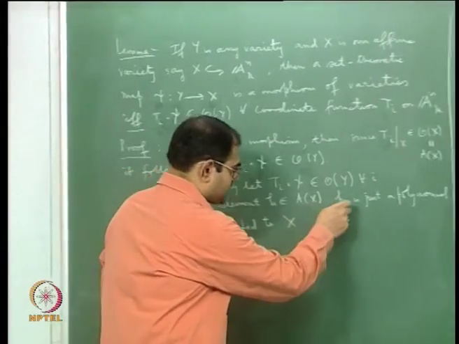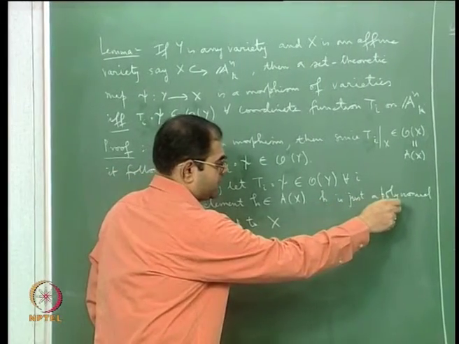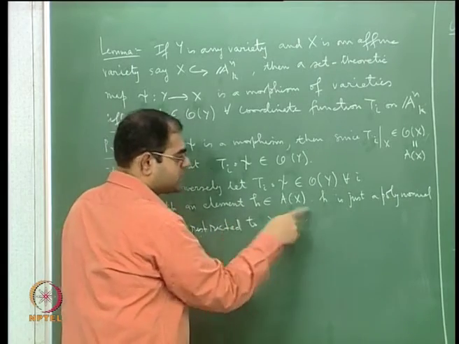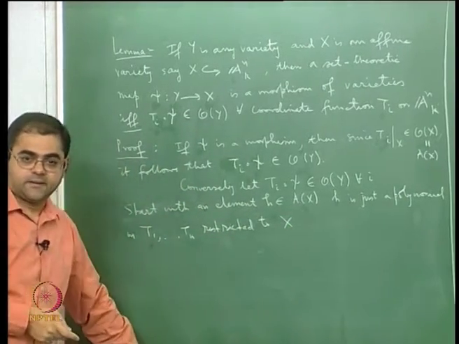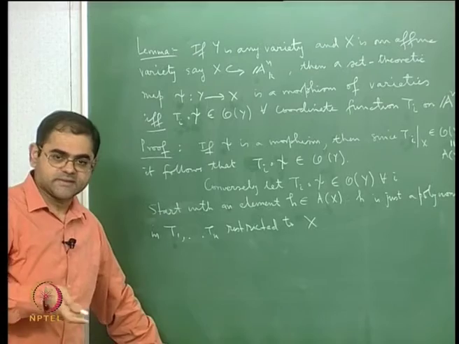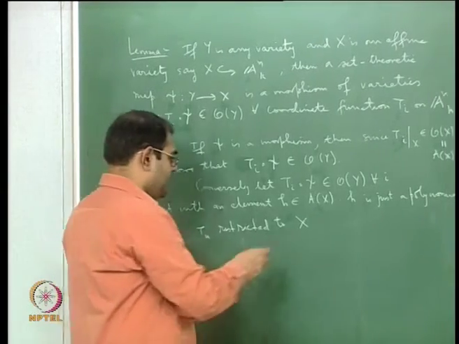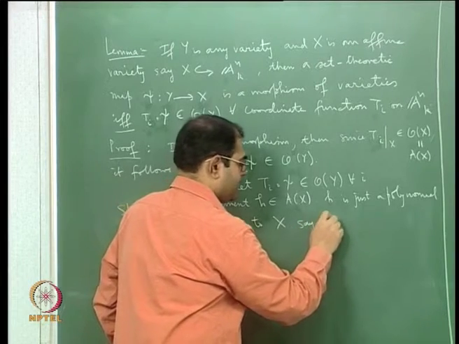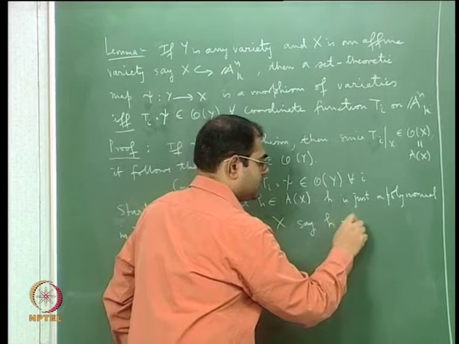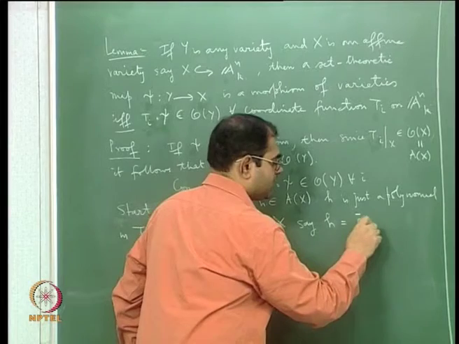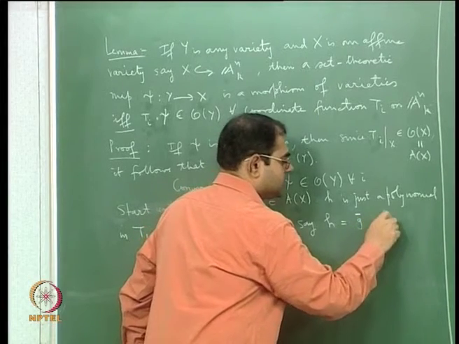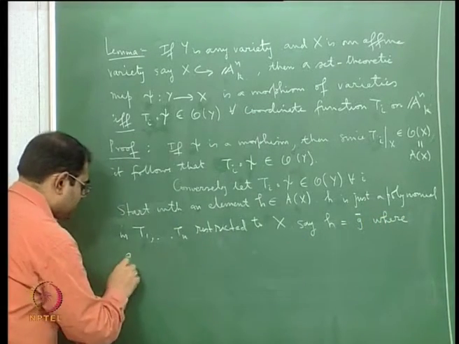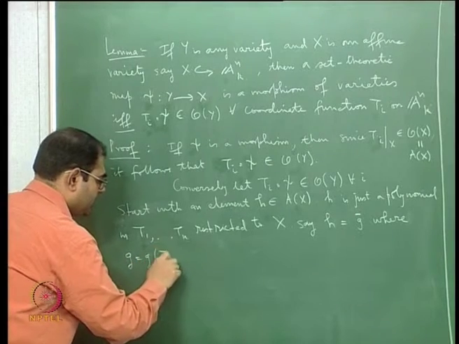So choose a polynomial that represents h, and call that also h. Then say h is, if you want, let me call this g bar, where g is g of T1 through Tn.